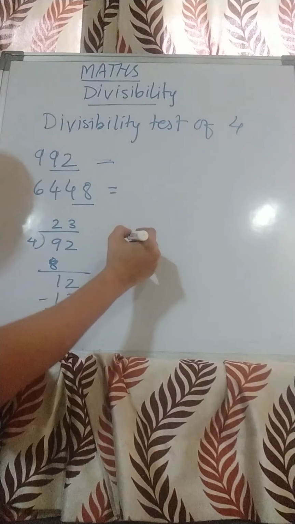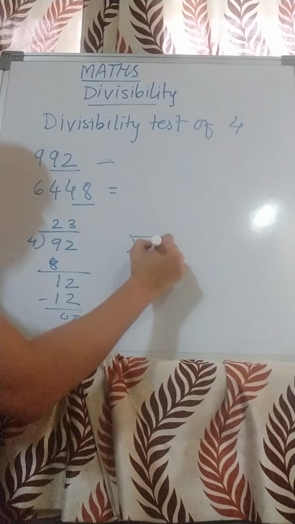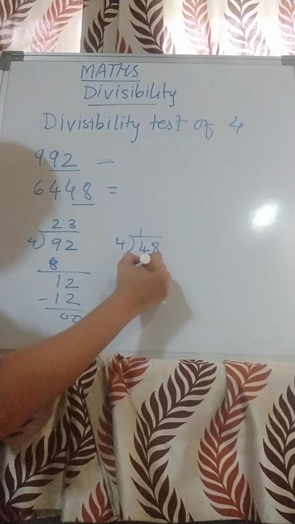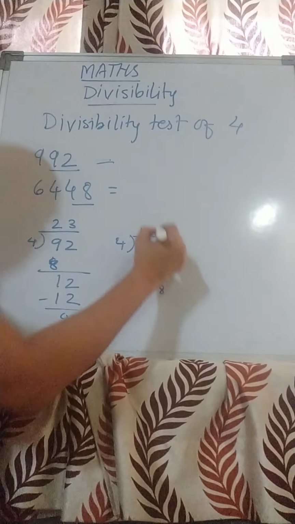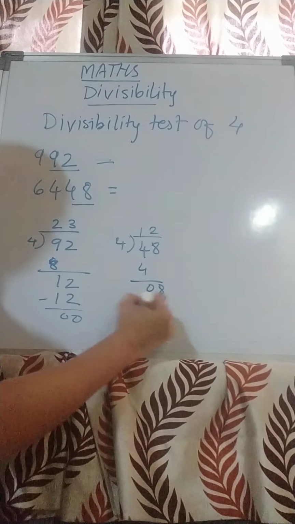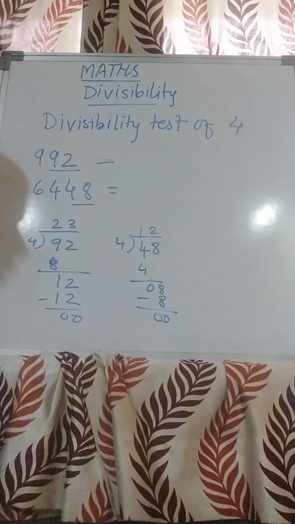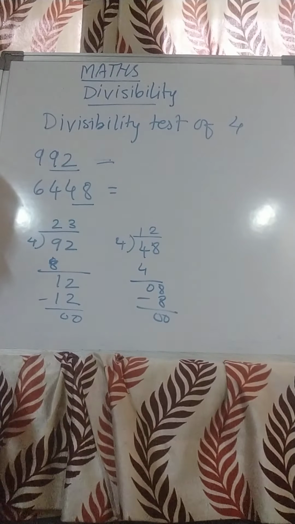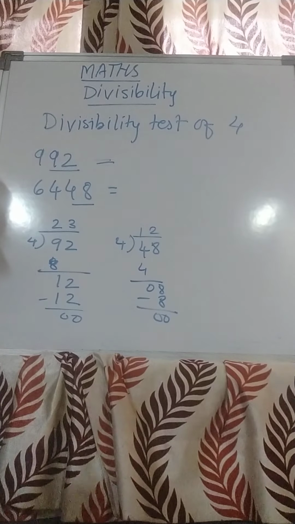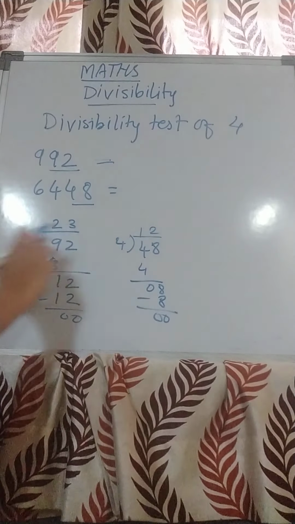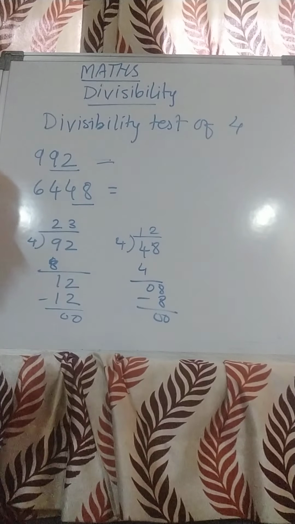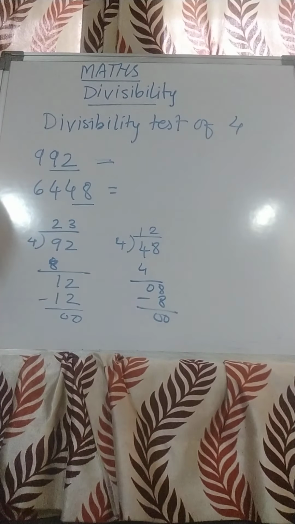Right? In this case, 48. 48 divided by 4. 4 ones are 4, 4 twos are 8. This 48 is also divisible by 4. If the last two digits of any number are divisible by 4, then the number is divisible by 4.